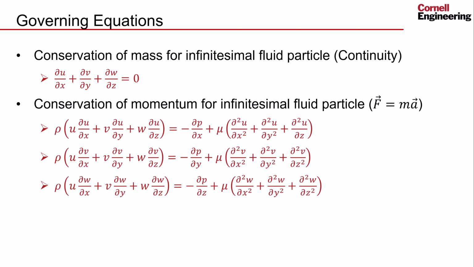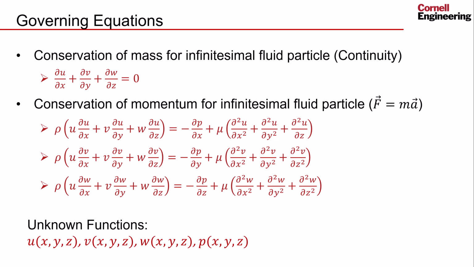These equations are shown here. From these equations, our unknown functions are u, v, and w, our three velocity components, as well as the pressure. Each of these are functions of the coordinate location x, y, and z, meaning they can vary spatially.